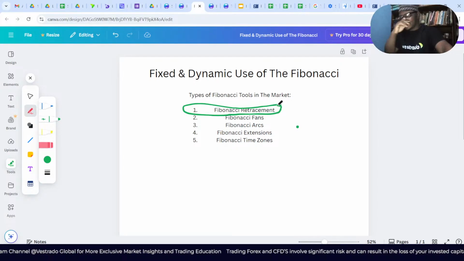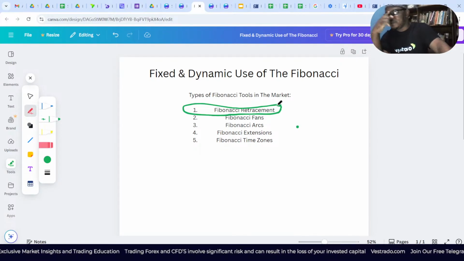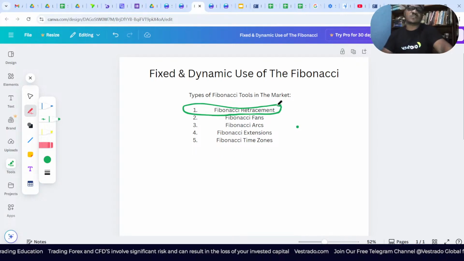I'm not going to write on this, but let me just give us a brief history as to what the Fibonacci is. So the Fibonacci sequence is a sort of mathematical sequence that the guy Fibonacci discovered in creation. Discovered that this sequence seems to cut across everything that happens in the world. Okay, good and bad, beautiful and ugly.